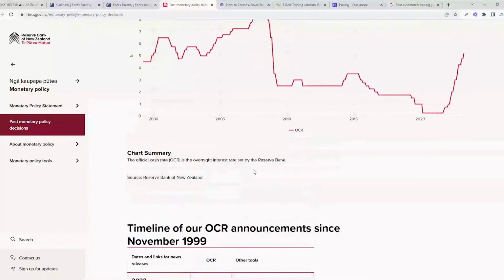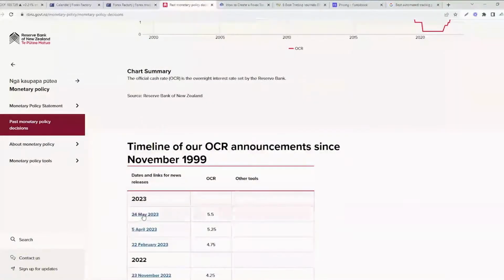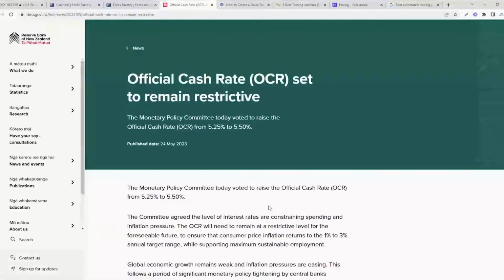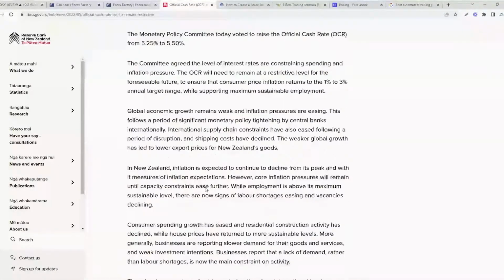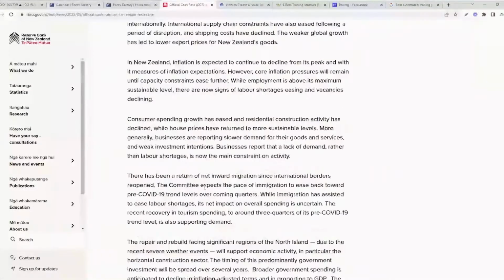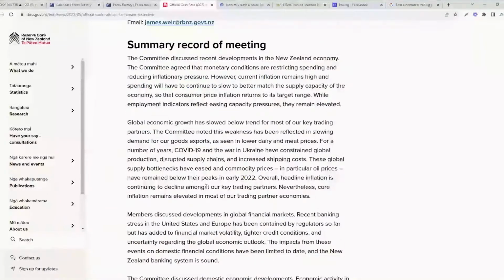So on 24th of May 2023, official cash rate was raised from 5.25 to 5.5%. And if we click on the date, we are able to read more about what happened during that meeting.